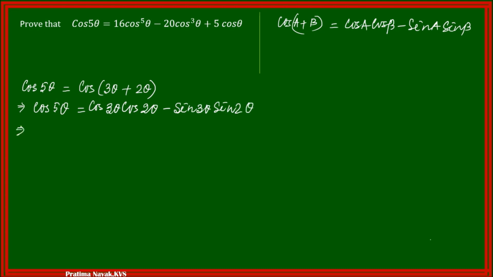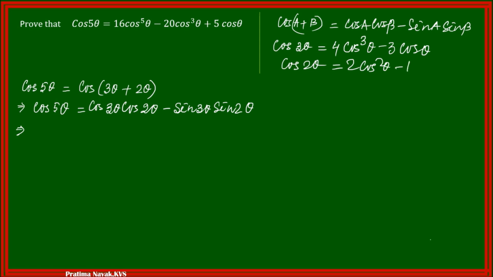So next is cos 3 theta. Cos 3 theta equals 4 cos cube theta minus 3 cos theta, and your cos 2 theta equals 2 cos square theta minus 1.